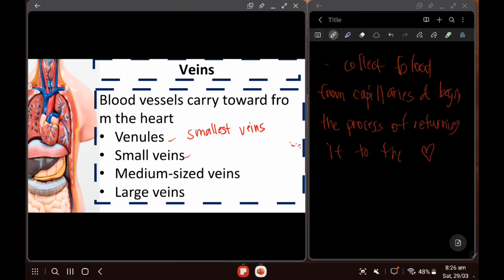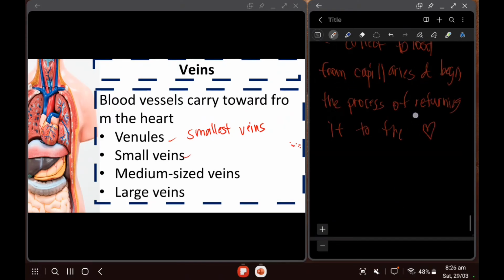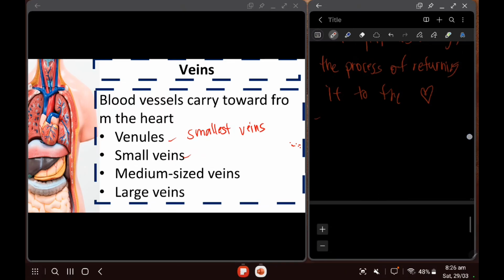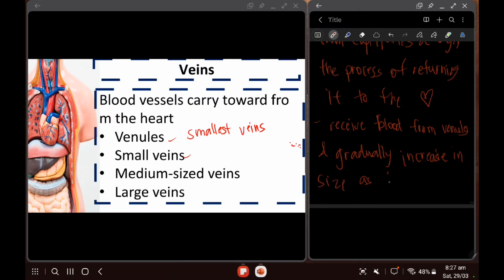Then we have small veins. Si small veins naman is sila yung nagre-receive ng blood from the venules and gradually increase in size as they approach the heart.